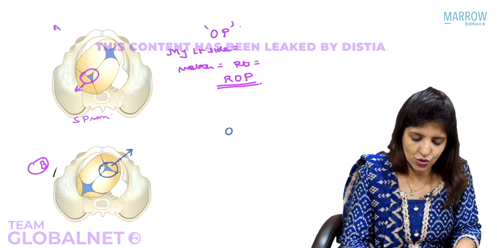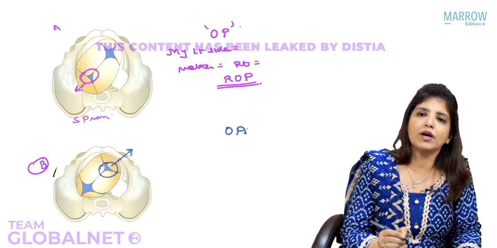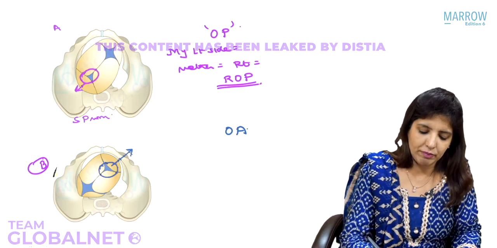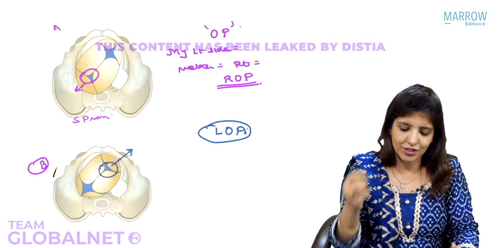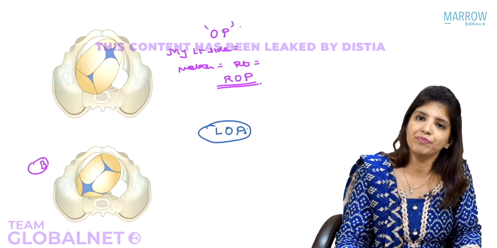So this is occipito-anterior position. Because it is towards my right hand side, in the mother it will be left. So it is left occipito-anterior position. So this image and this image are the same.